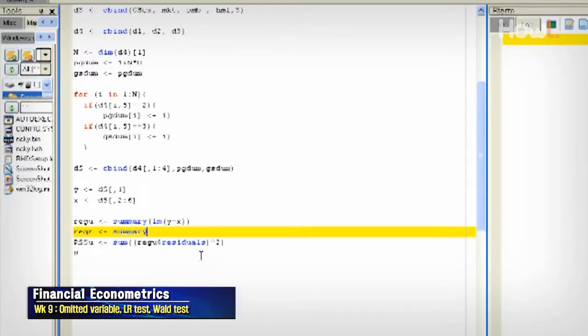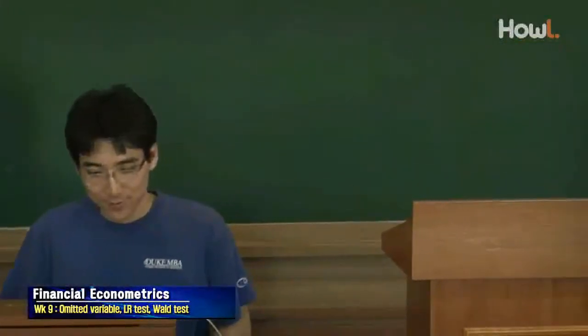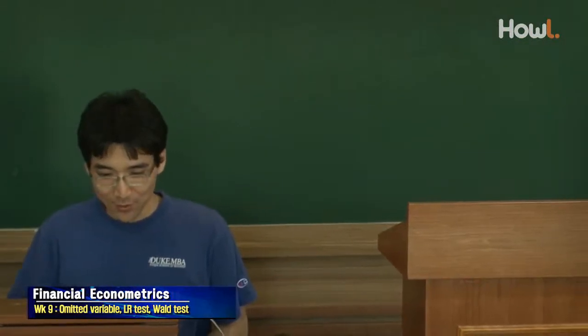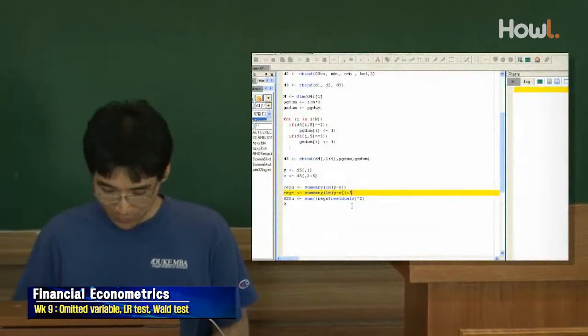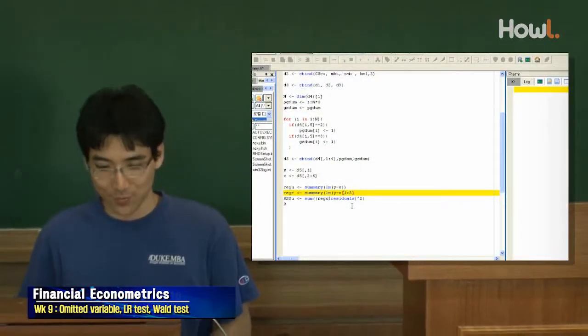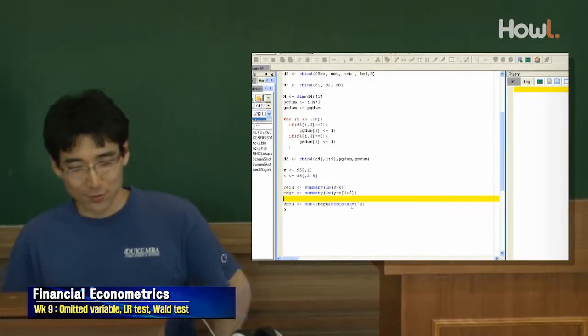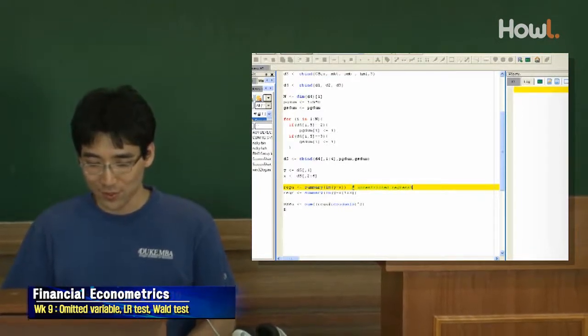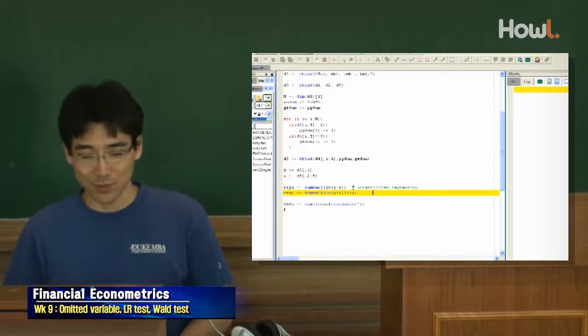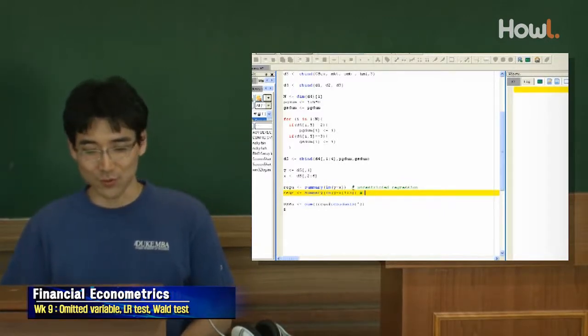So our regression is lm of Y on X and then 1, 2, 3. So this is the unrestricted regression, and the second one is the restricted regression because I impose coefficient zero on the dummies, right?